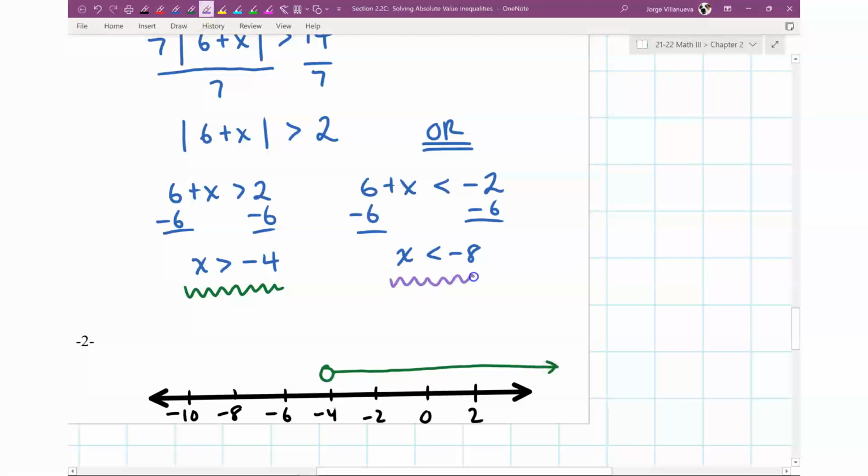The purple one here, x less than negative 8. So I'm going to go to negative 8 with an open circle and go left. Since this is an or problem, this is exactly what I'm expecting to see. Okay? I want them to go in different directions. All right, so I'll go ahead and stop right there.